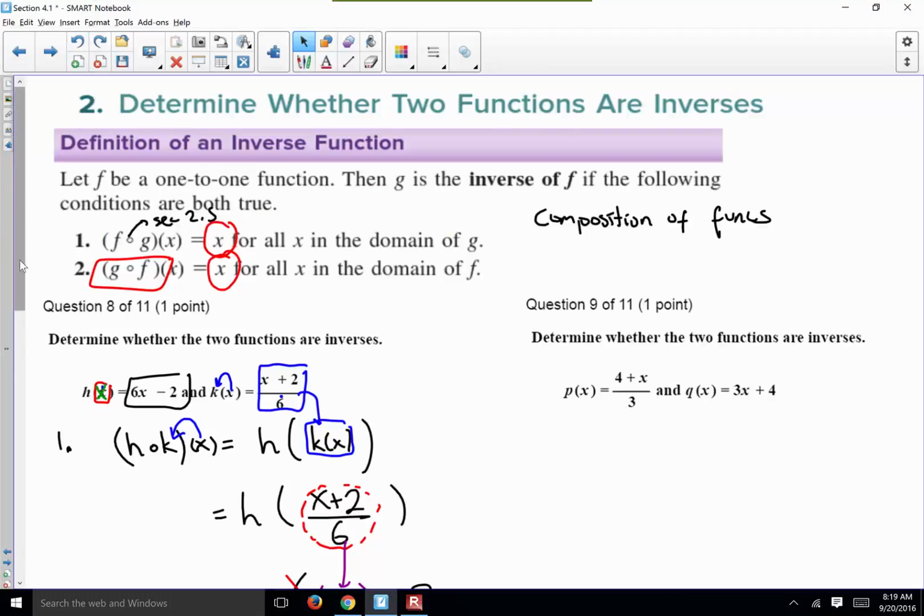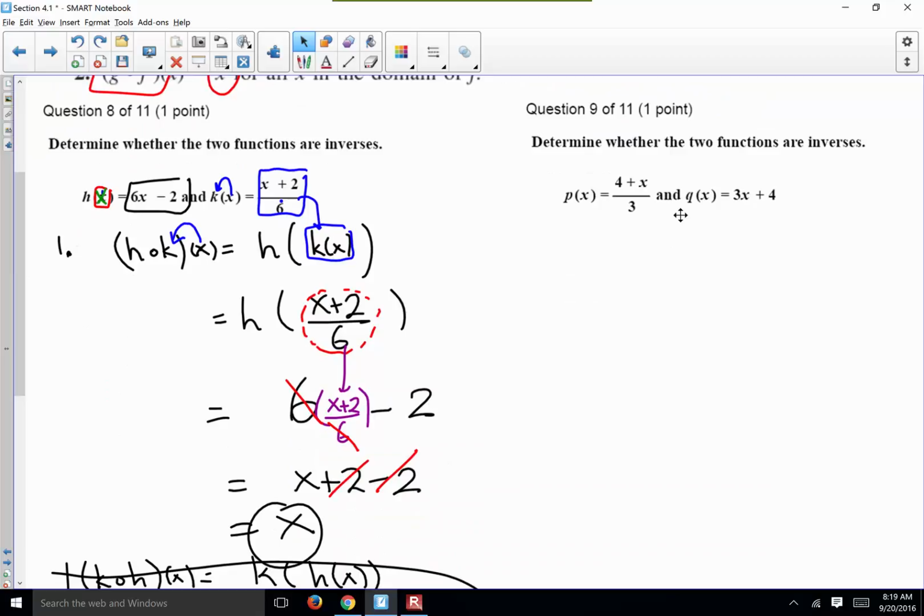Again, don't just choose A and B and do trial and error here. Okay, 9. How about these two? Are they inverse of each other? The right side problem here.